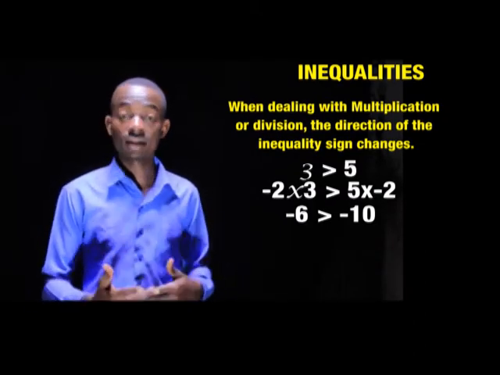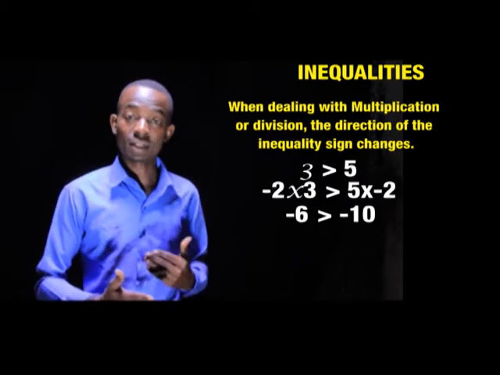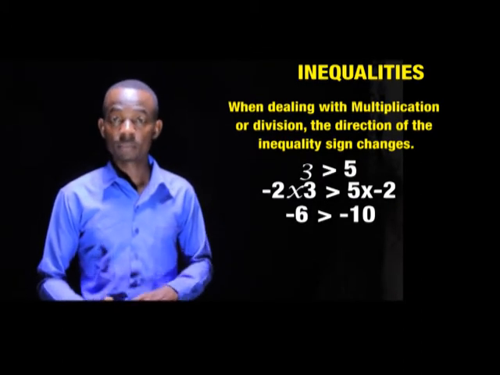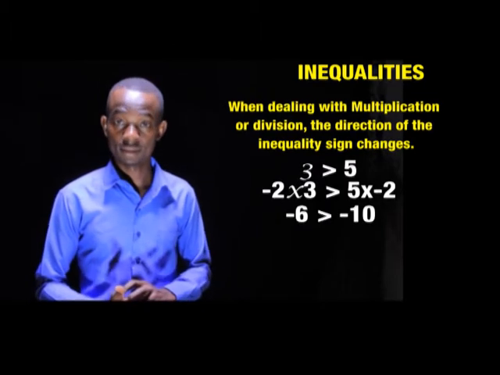On the right hand side, 5 times negative 2 gives me negative 10.